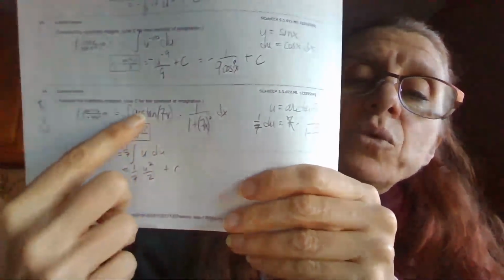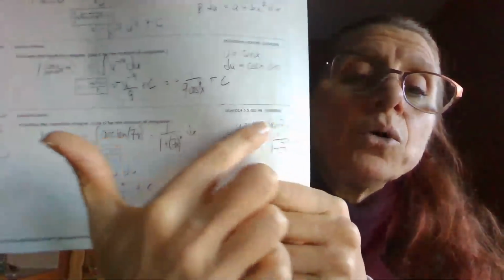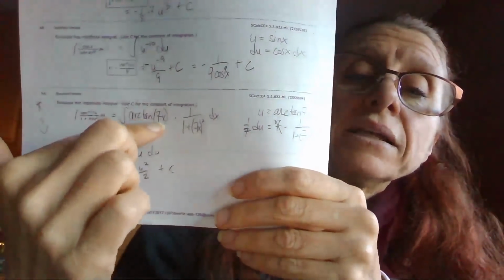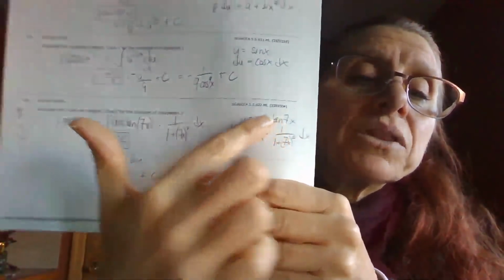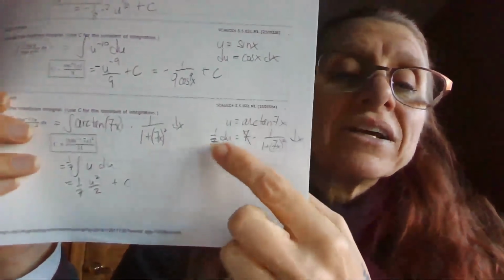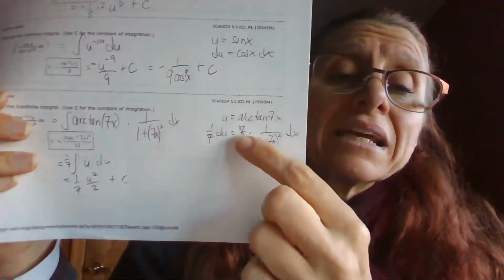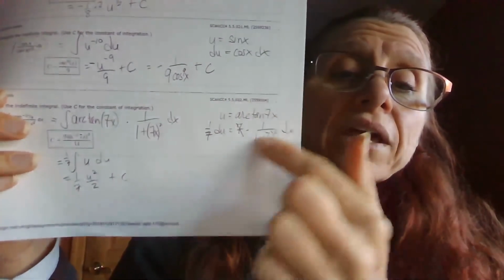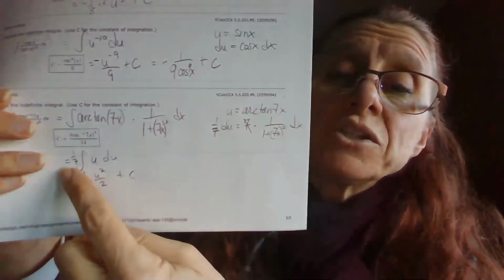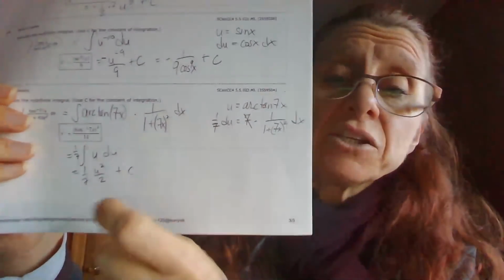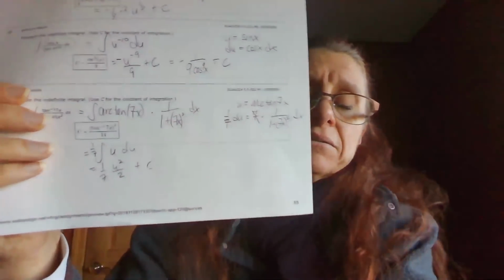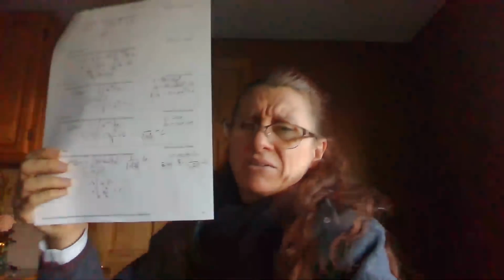Once I do this, if I made the whole u arctan of 7x, then I can move this over. This whole thing just becomes du. All I need to do is put the 1/7 out, and I have something that's really nice and easy to integrate.